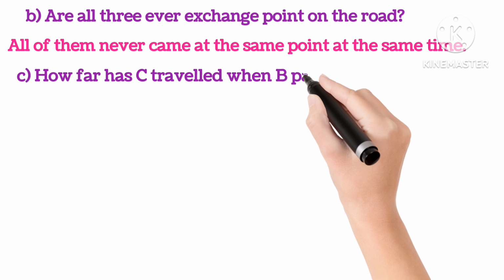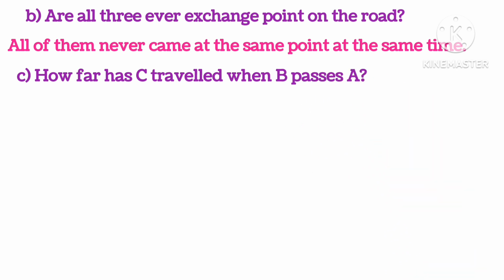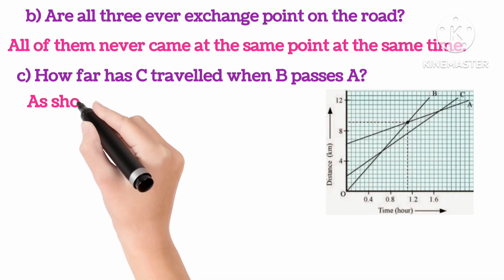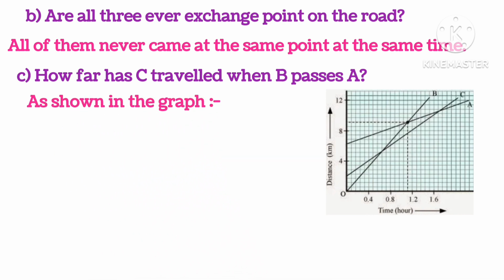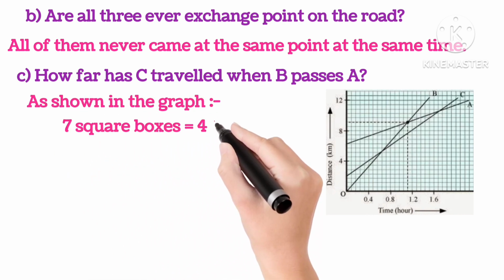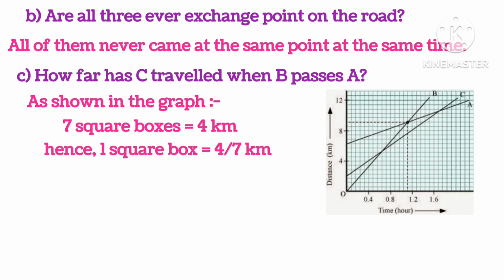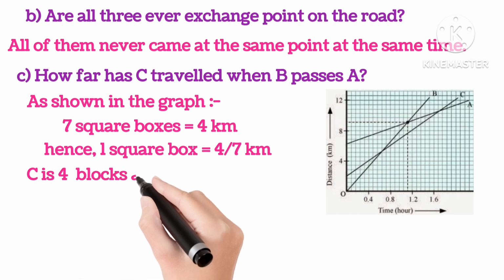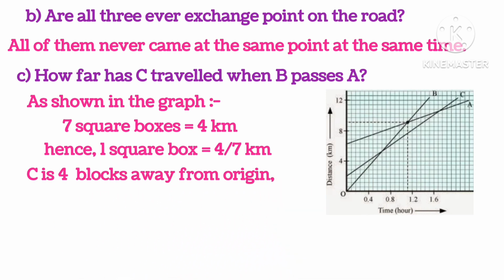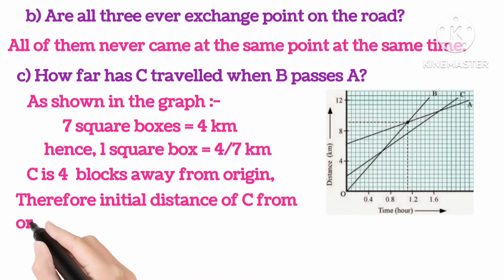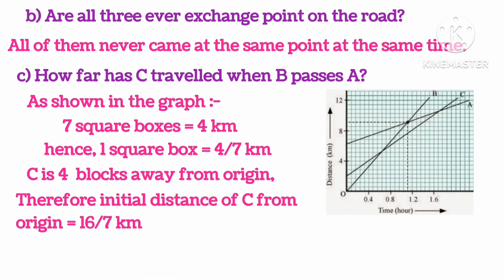C, how far has C traveled when B passes A? As you can see in the graph, 7 square boxes is equal to 4 kilometers. Hence, 1 square box will be 4 by 7 kilometers. C is 3 blocks away from the origin. Therefore, initial distance of C from origin will be 12 by 7 kilometers.